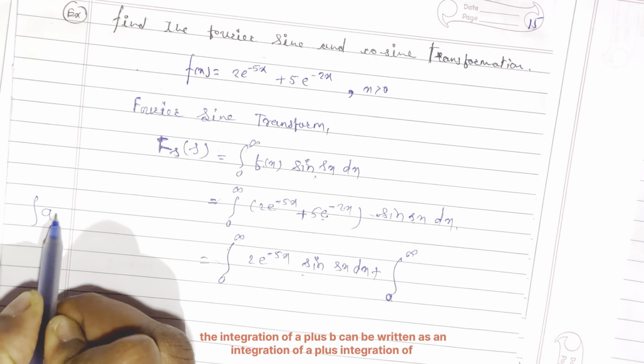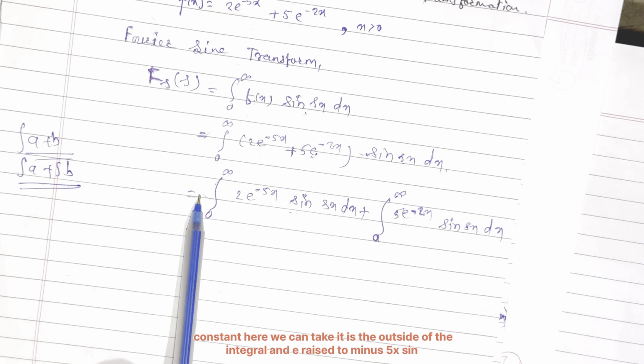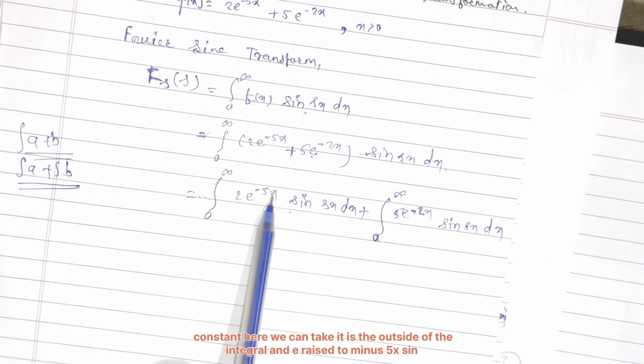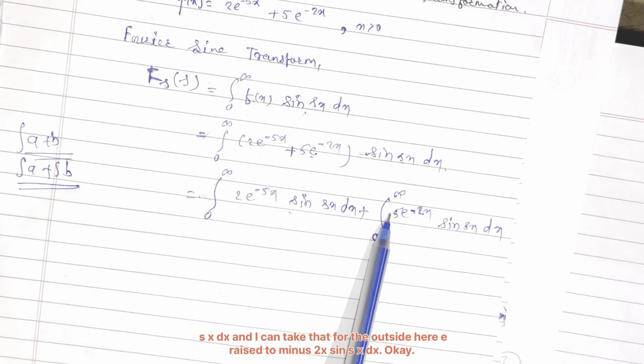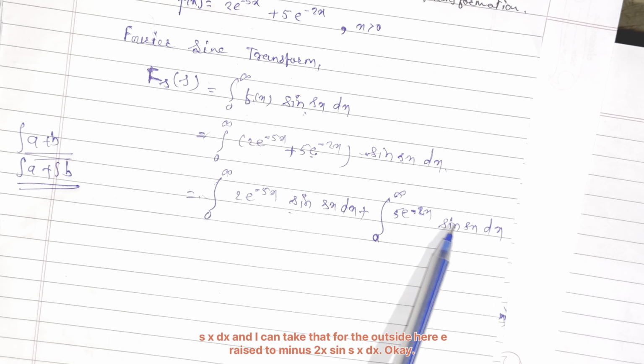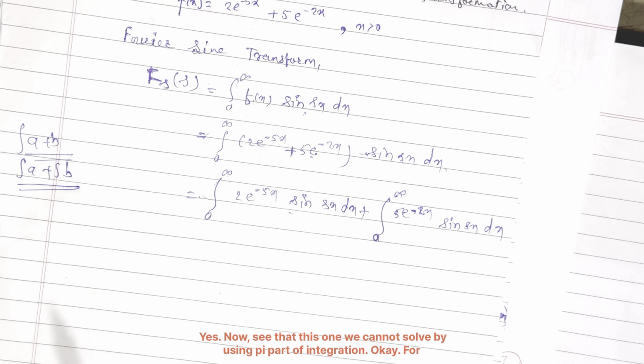As we have two constants here, we can take them outside the integral: 2 times the integral of e raised to minus 5x sine sx dx, and again take 5 outside, times the integral of e raised to minus 2x sine sx dx. Now this one we cannot solve by integration by parts.